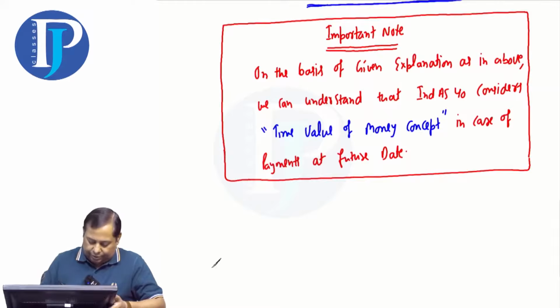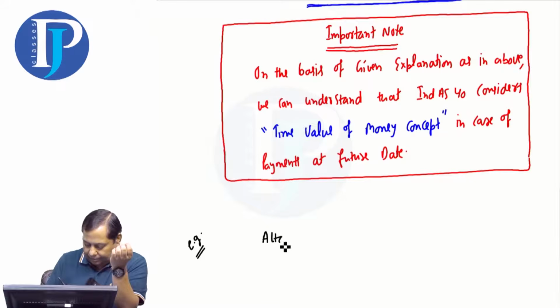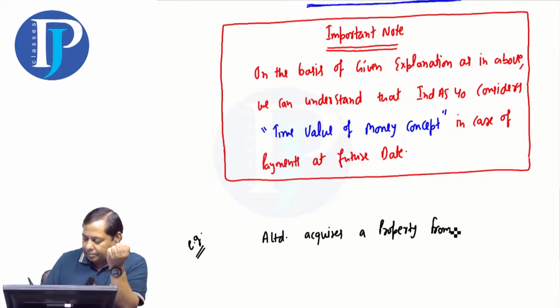Write an example, then we address a question. A Limited acquires a property from B Limited in the following terms.